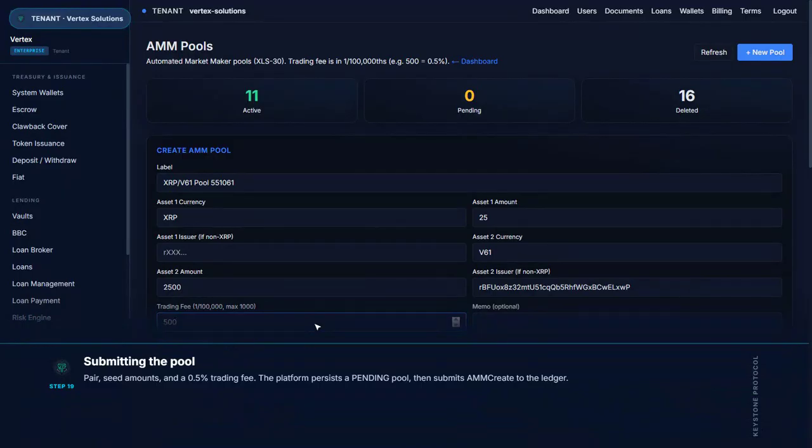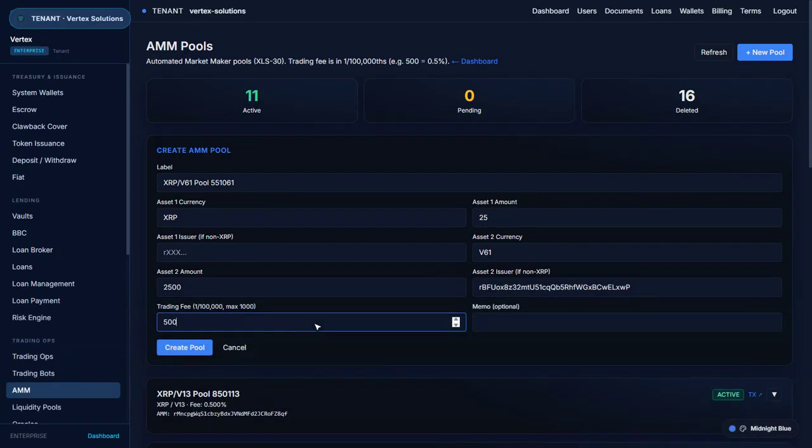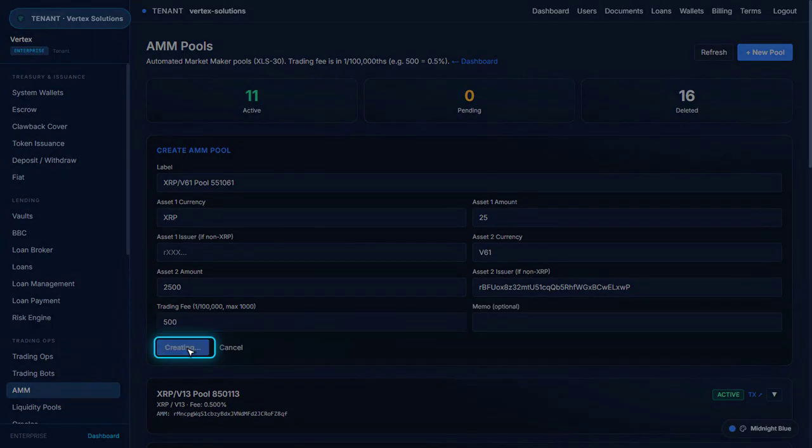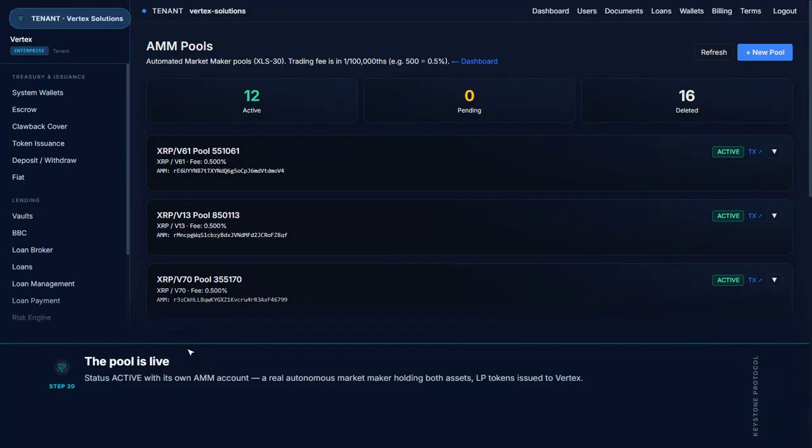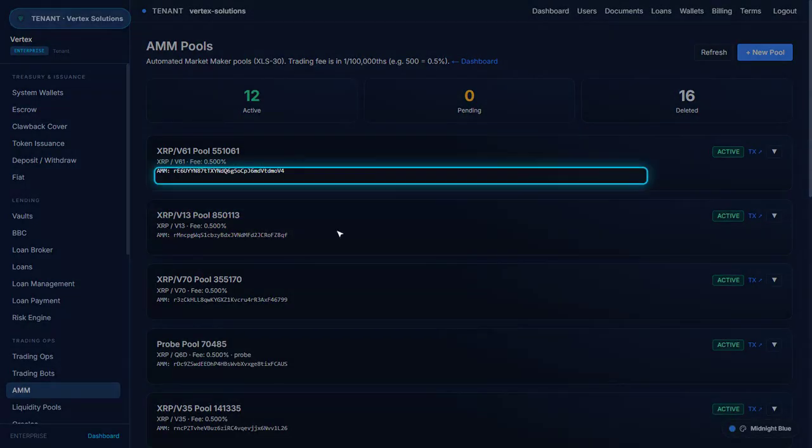Submitting the pool: pair, seed amounts, and a 0.5% trading fee. The platform persists a pending pool, then submits create to the ledger. The pool is live. Status active with its own AMM account, a real autonomous market maker holding both assets. LP tokens issued to Vertex.